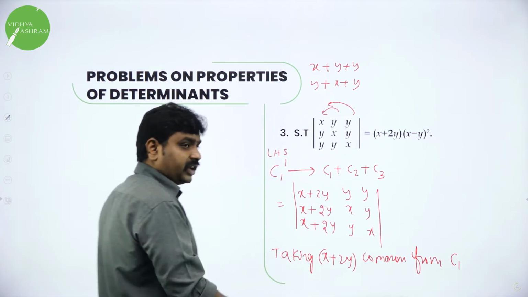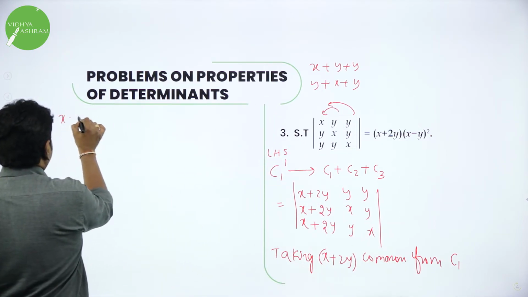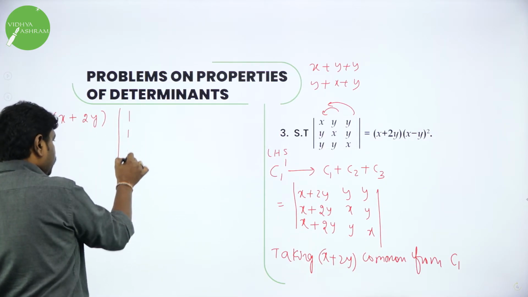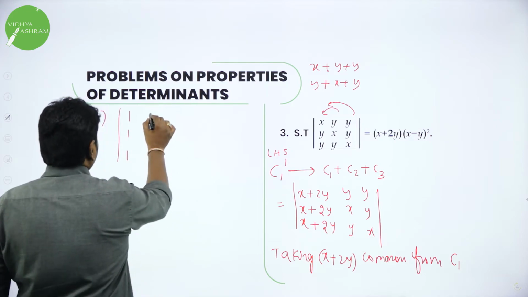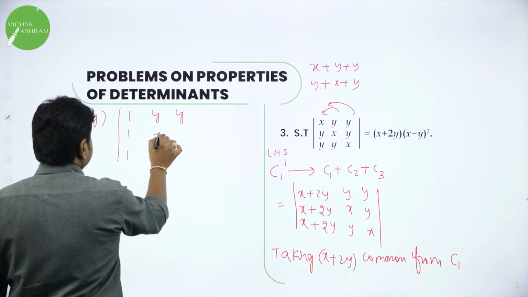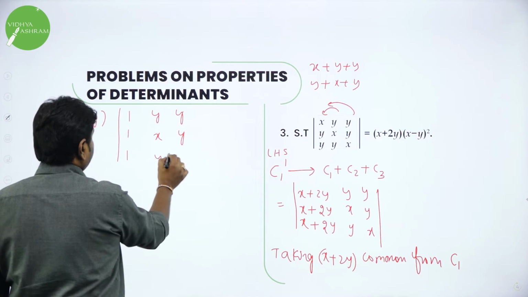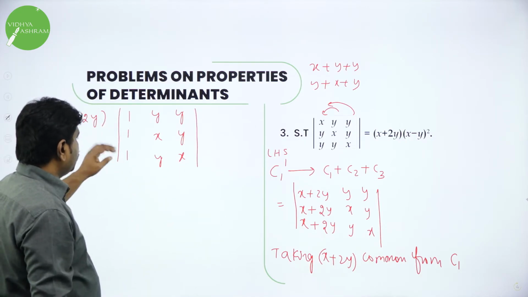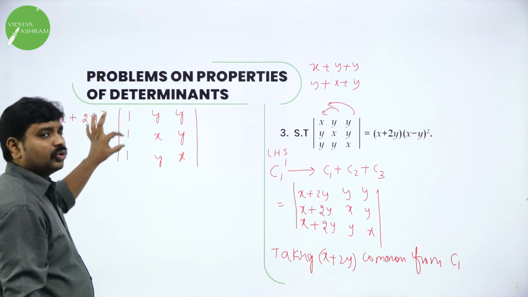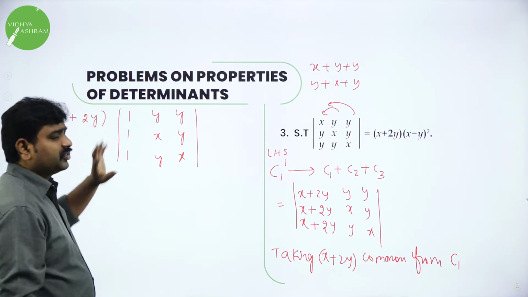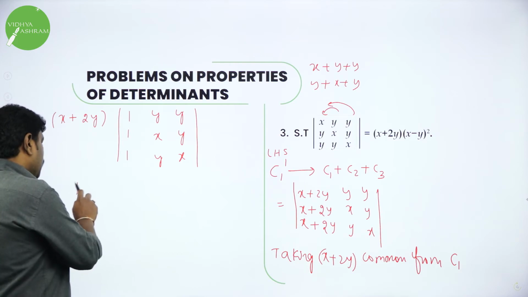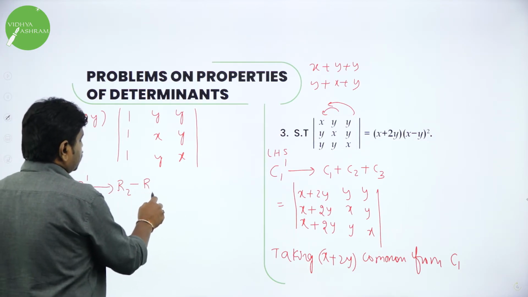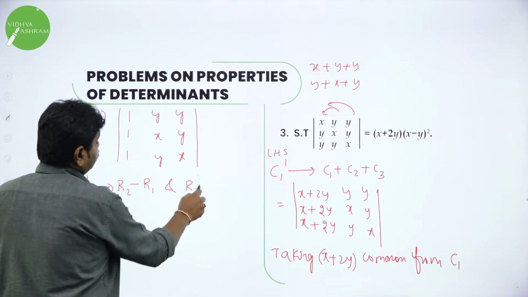If I take x plus 2y out, what is left is 1, 1, 1, and then y, y, x, y, and y, x. Always you can follow the same procedure. If you have 1, 1, 1, make these two elements 0. So always I will do the same operation: R2 dash is R2 minus R1, always this is fixed, and R3 dash is R3 minus R1.